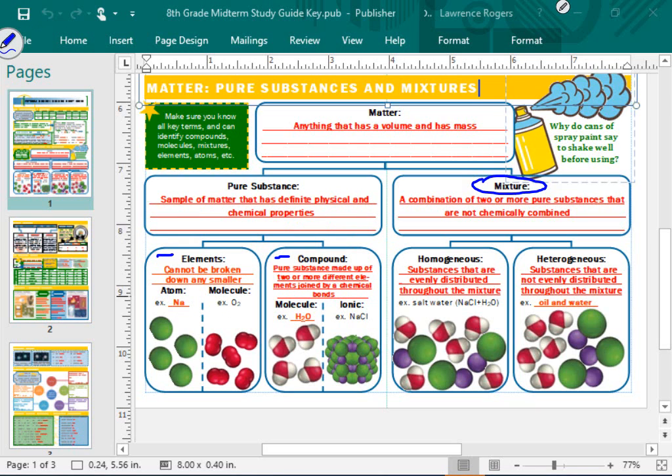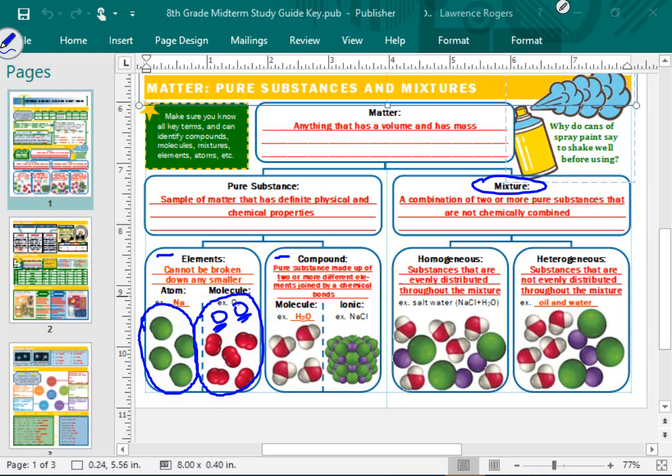All right, so an element cannot be broken down into any smaller thing that has the properties of an element. So I can't break sodium down anymore and still have all the properties of sodium. I can't break oxygen down. I can break oxygen gas like O2 into just two pieces of oxygen, but they still retain all the properties of oxygen.